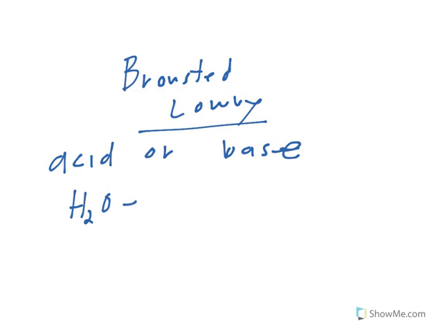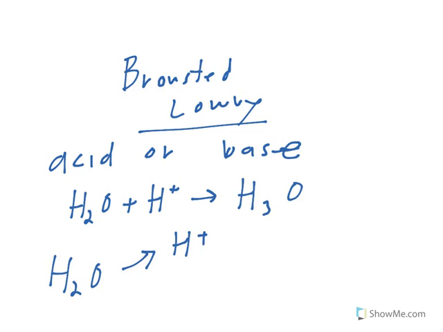H2O can accept a hydrogen ion and turn into H3O plus, hydronium, or H2O can split. It can donate an H plus ion and turn into a hydroxide ion. So the Bronsted-Lowry definition shows the relationship with water, and it also shows how some things like water can be either an acid or a base.